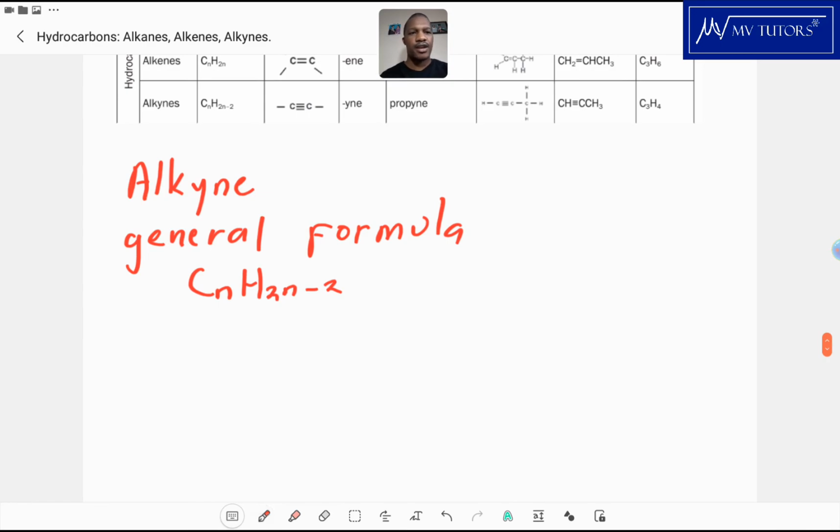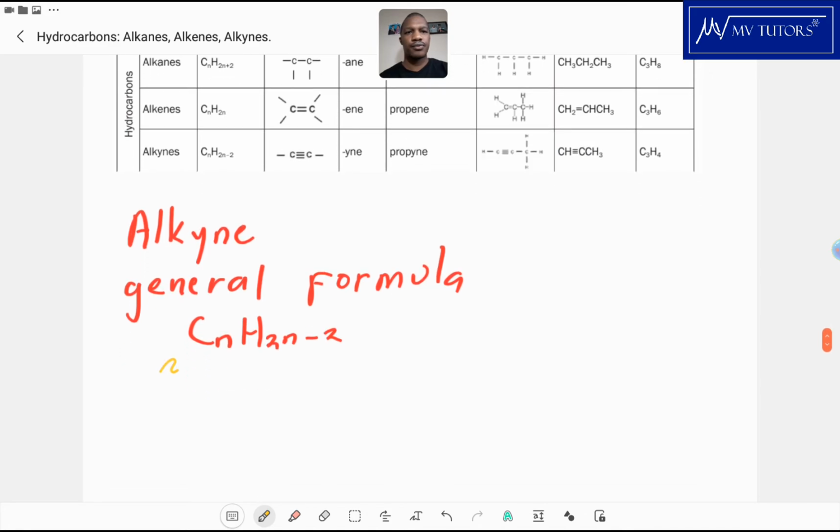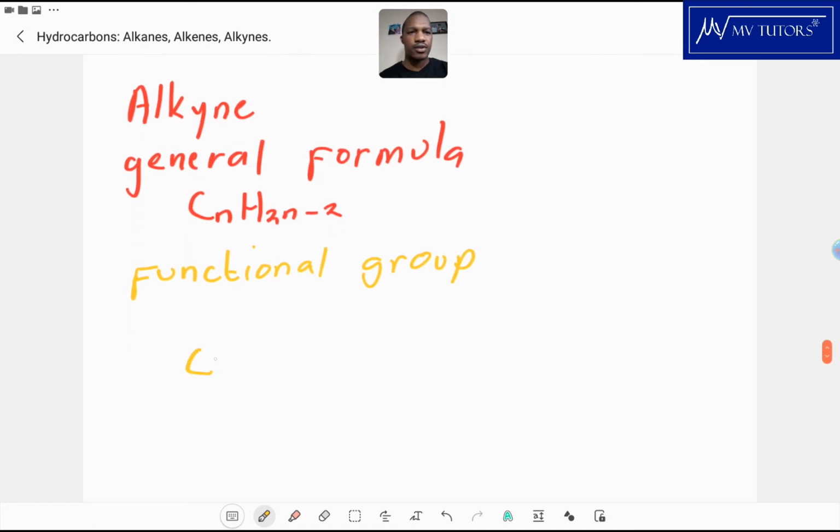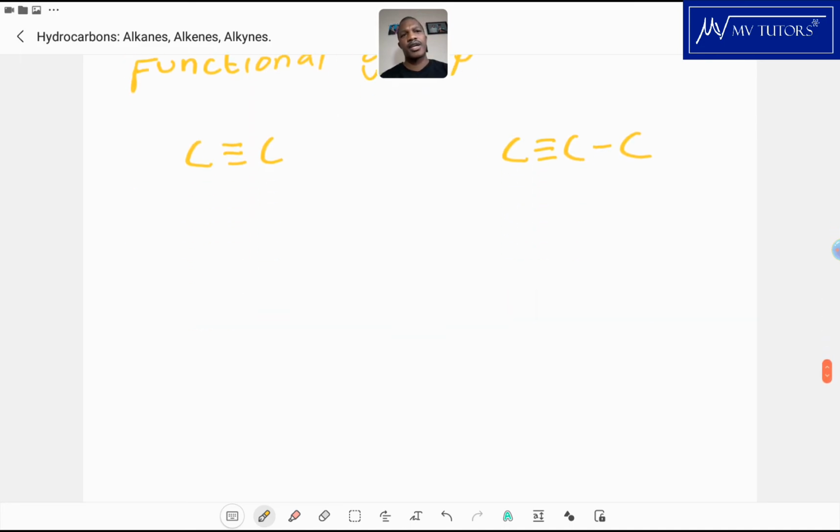And then it has a functional group. The functional group is given by a triple bond. Okay, if you've got 2 of them there, and then let's say you've got 3 of them, this is how you do it. And then let's say you've got 4 of them. You still put your triple bond.